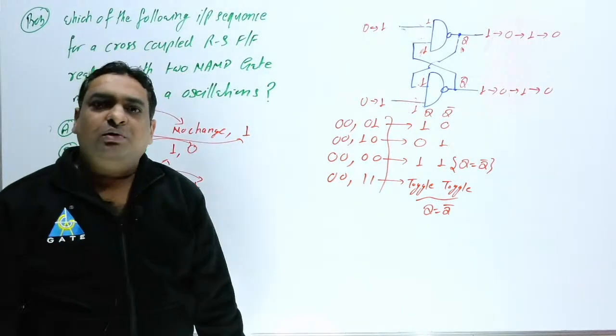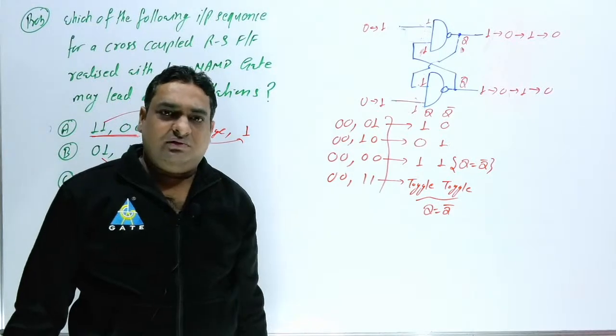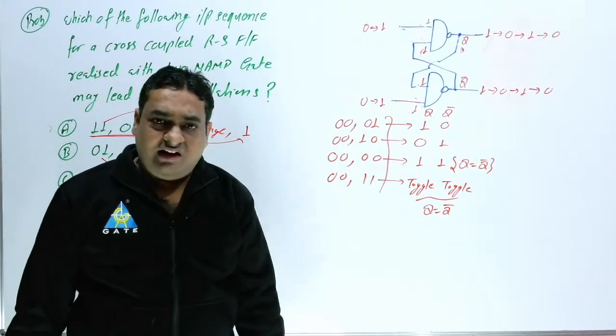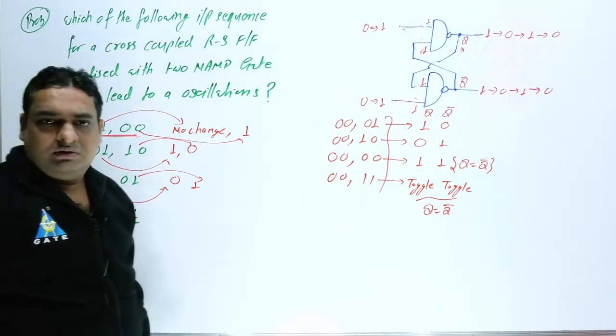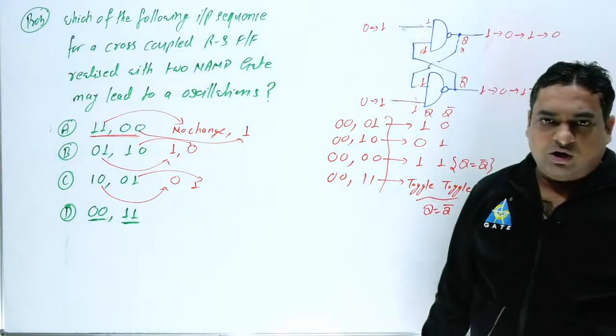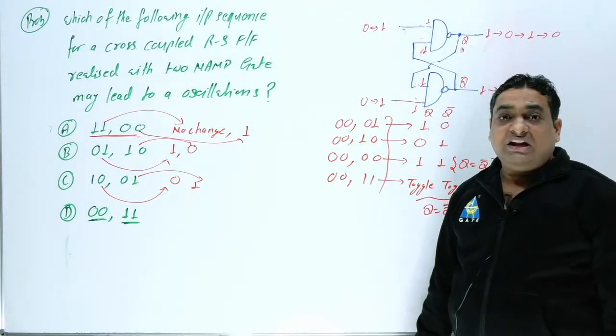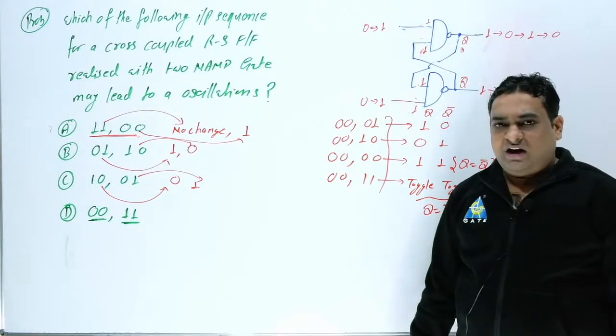But if you want to create a sinusoidal, or you can say not exactly square wave, if you want oscillations at the output, then by using this cross coupled NAND gate, or you can say by using an RS flip-flop, we can also implement it. So what is the theory behind this?